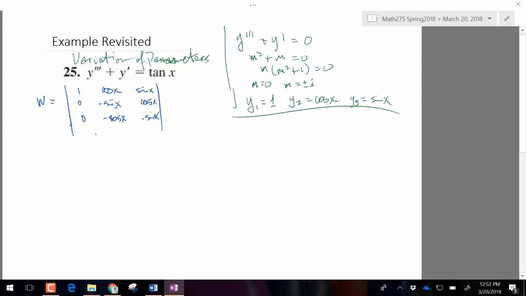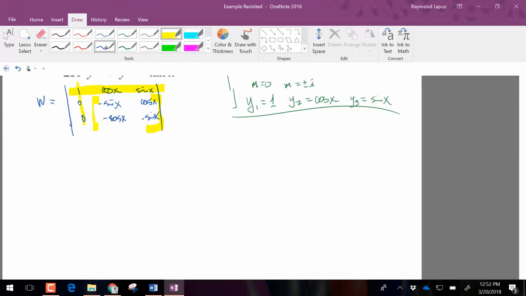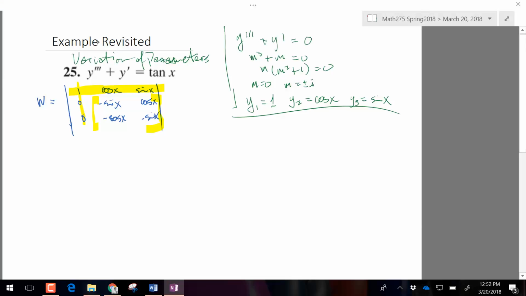And so to find the determinant of a 3 by 3 matrix, we're going to expand on a particular row or column. And I would probably encourage you to try to expand on the column that has the most zeros. Since we have a 0 everywhere else, those are not going to contribute anything. And then we just have a submatrix that we're going to compute, and we know how to find determinants of 2 by 2 matrices.